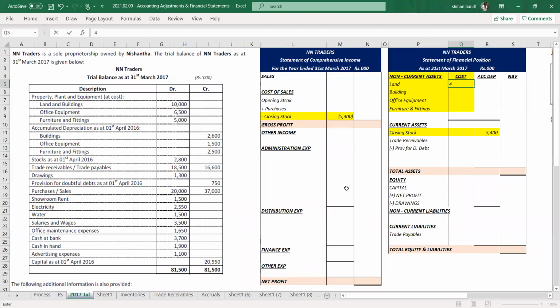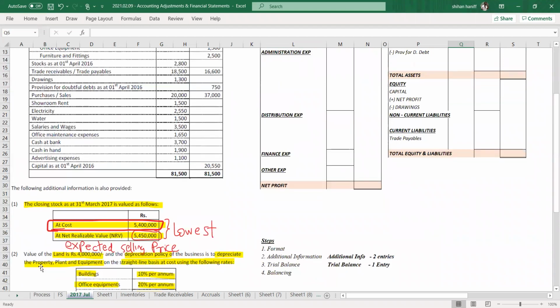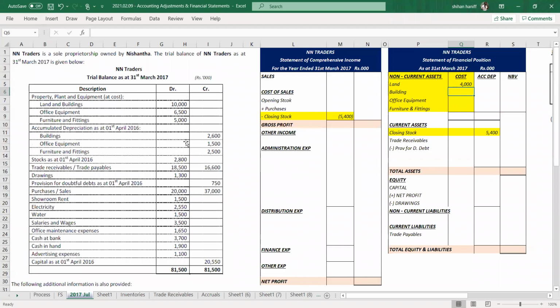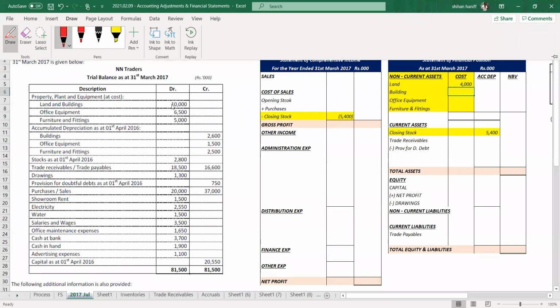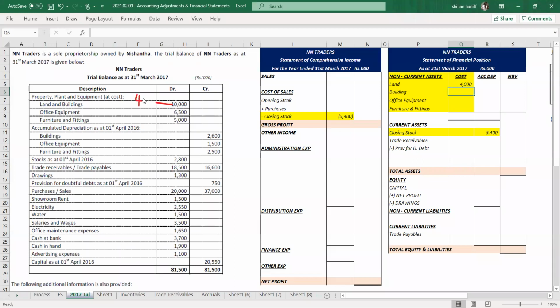Cost of the land is given, 4,000. In the additional information, it says value of land is 4,000. 4 million means 4,000. Then how much is the building? If the land is 4,000, total is 10,000.